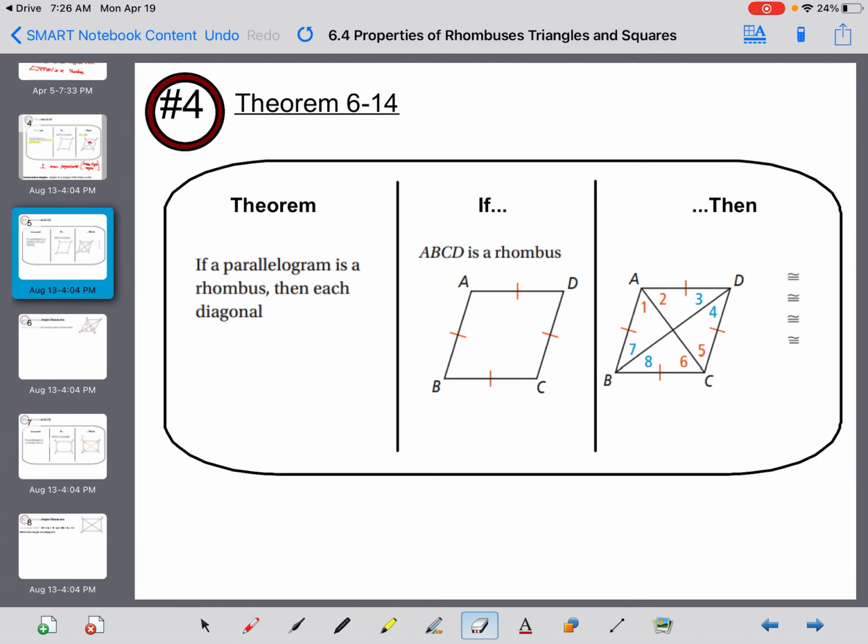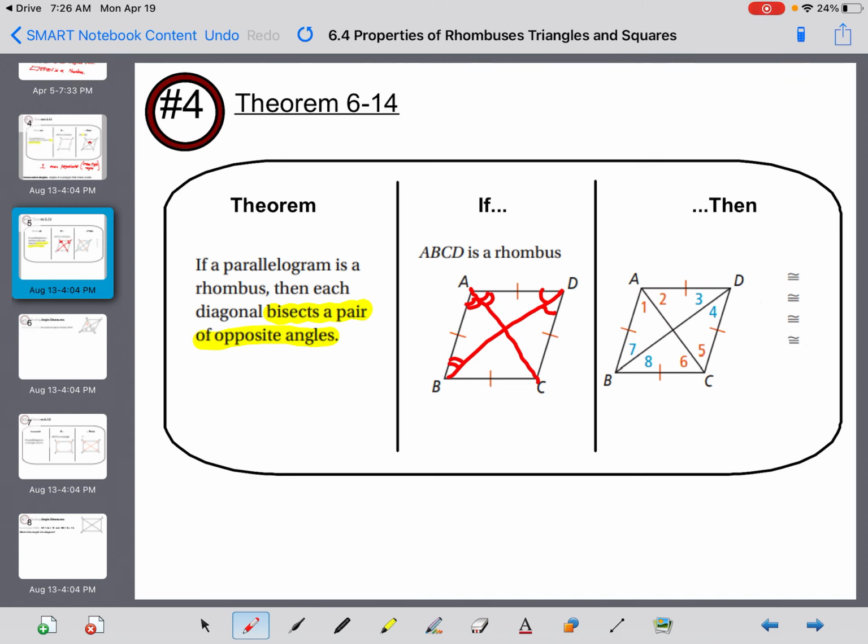Theorem 6-14. If a parallelogram is a rhombus, then each diagonal bisects a pair of opposite angles. So we have your rhombus in the middle picture, and if I draw my diagonals here and here, then we're going to say that there's a bunch of different angles that are congruent.